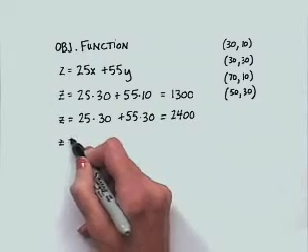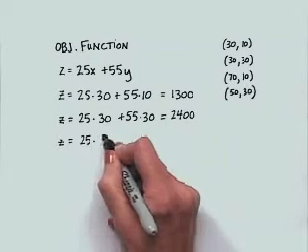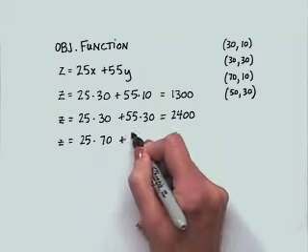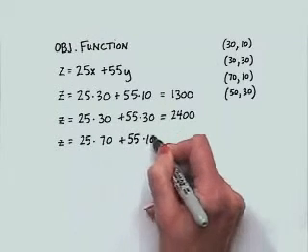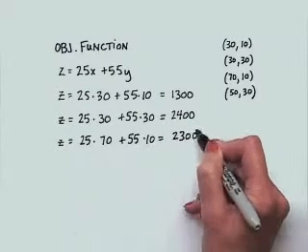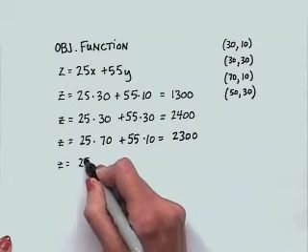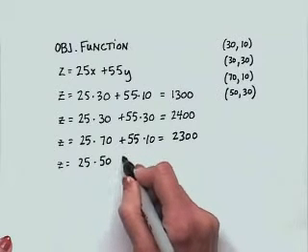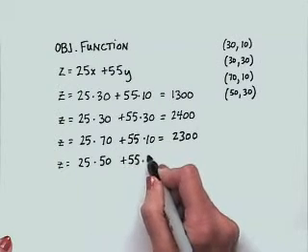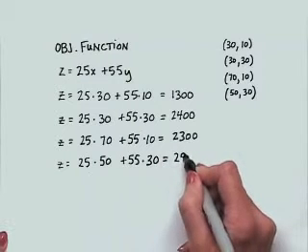Let's go to our next vertex, 70, 10. We'll have 25 times 70 plus 55 times 10. That is going to give us a total of 2,300. And finally, let's have 25 times 50 plus 55 times 30, and that total is going to be 2,900.